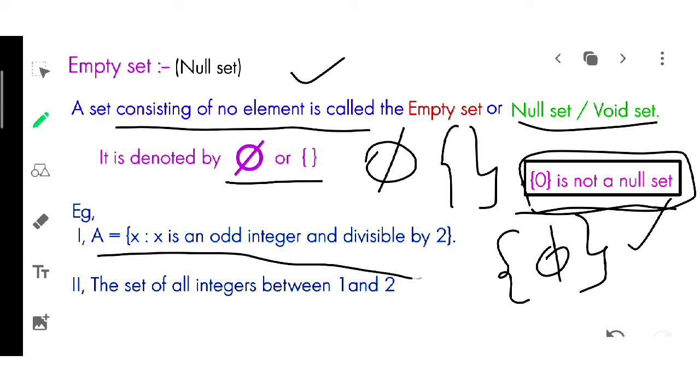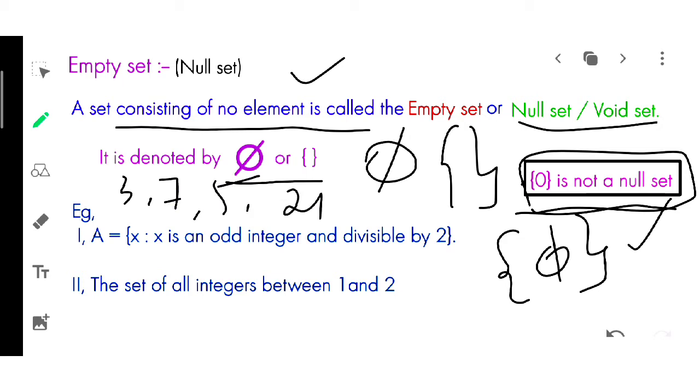Here I have given you some examples, that is, x such that x is an odd integer and divisible by 2. We have no integer that is an odd integer and divisible by 2. When we take any odd integer like 3, 7, 5 or 21, any odd integer will not be exactly divided by 2.